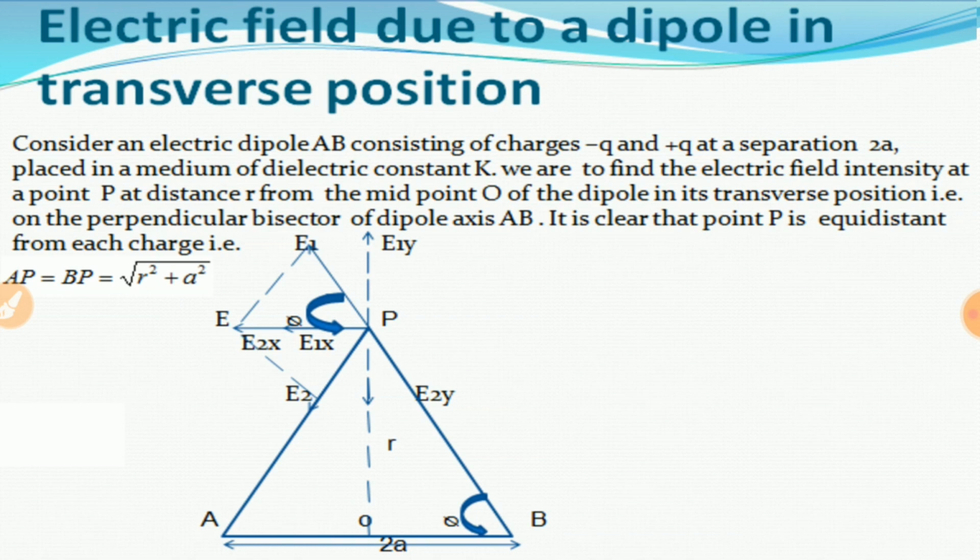According to this figure, E1y and E2y are equal in magnitude but opposite in direction, so they both cancel each other.